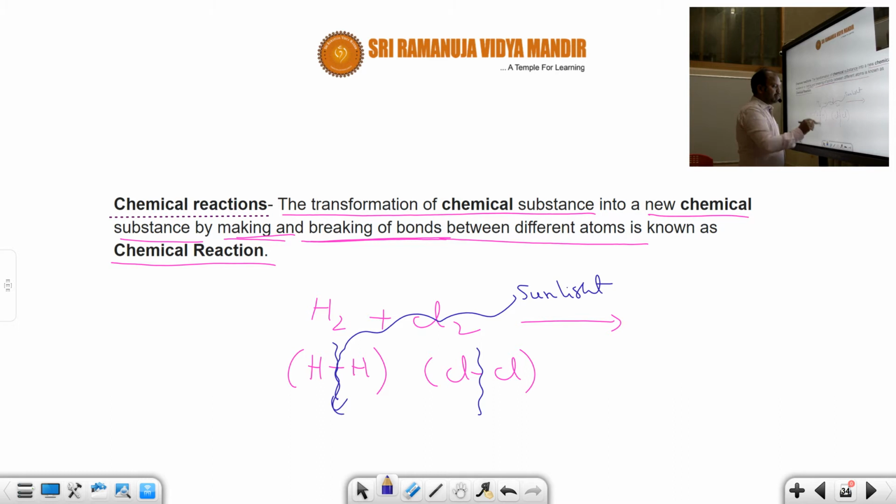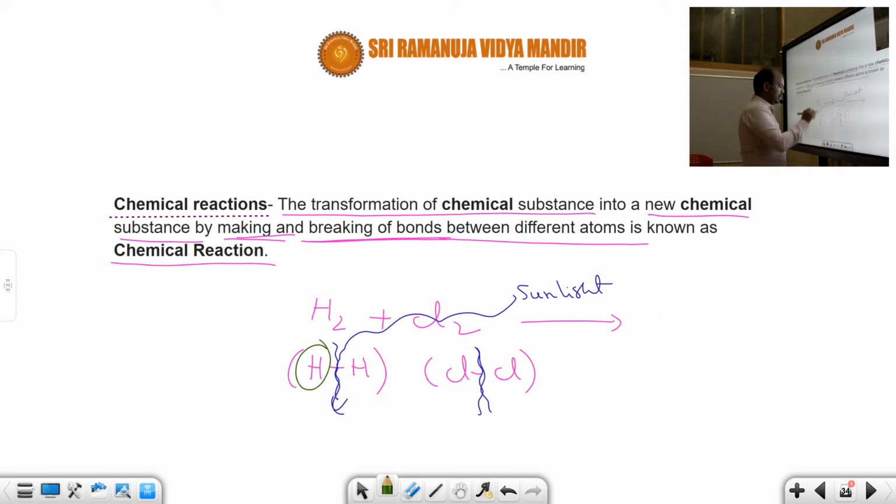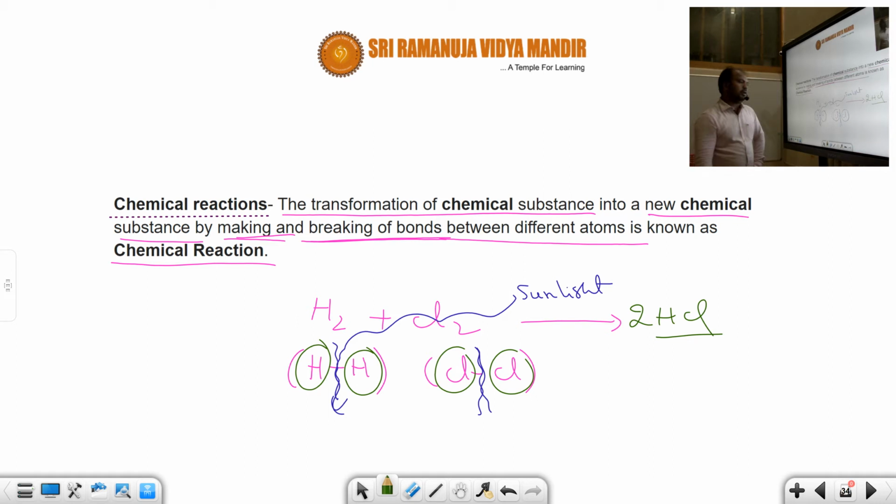When the bond between hydrogen is broken and the bond between chlorine is broken, then what will happen here? This hydrogen and this chlorine combine to form HCl, and this hydrogen and this chlorine combine to form HCl. In total, how many hydrochloric acid molecules will be formed? 2 molecules of hydrochloric acid will be formed.